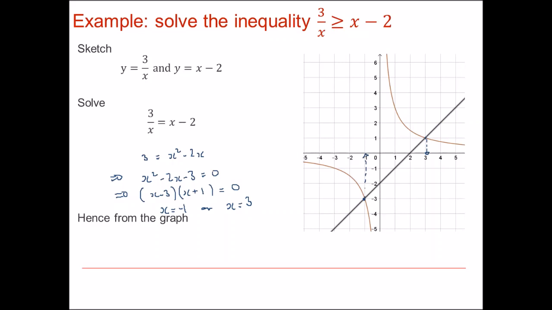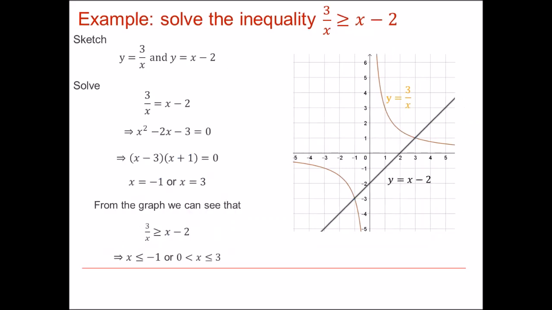So we can see from the graph that 3 over x, the curve, is greater than or equal to x minus 2 from our first value of x, x equals negative 1, and below that, so x can be less than or equal to negative 1, or it lies between 0 and 3, but remember that we can't have equal to 0, so 0 is less than x is less than or equal to 3. And there we are, just neatly typed out so you can see the solution.